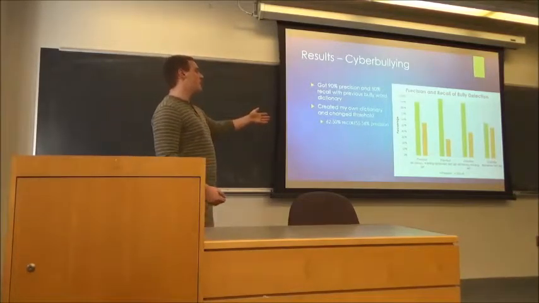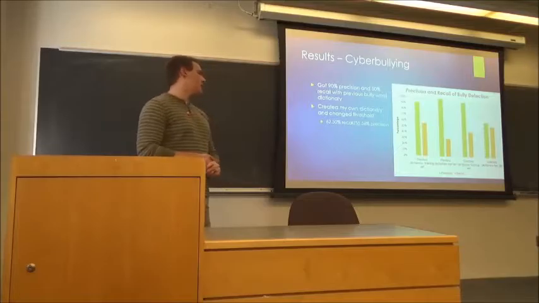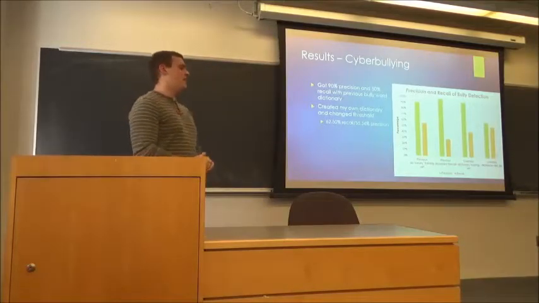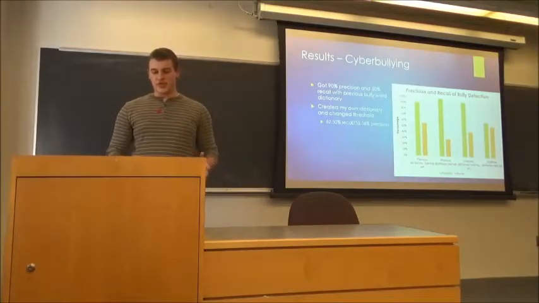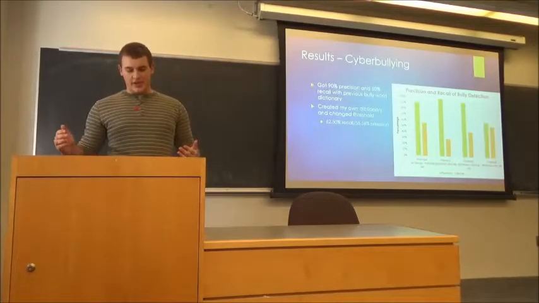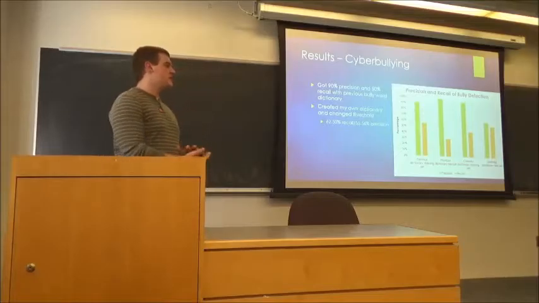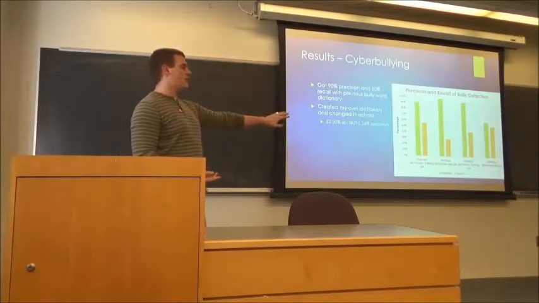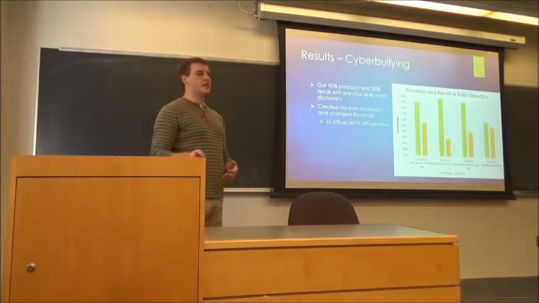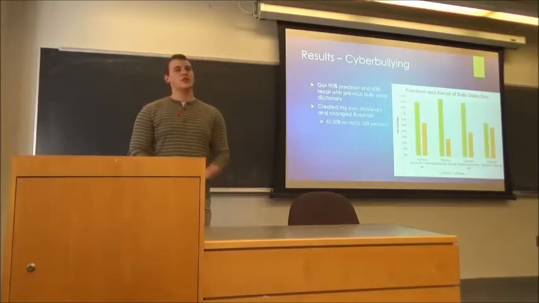When I used my own dictionary, I got a 62% recall and 55% precision, which doesn't sound as good, but I'm getting a higher recall, which means I'm detecting more of them, even though I'm getting more false positives. On the graph, the two on the left are with the previous dictionary, and the two on the right are with the dictionary that I created.